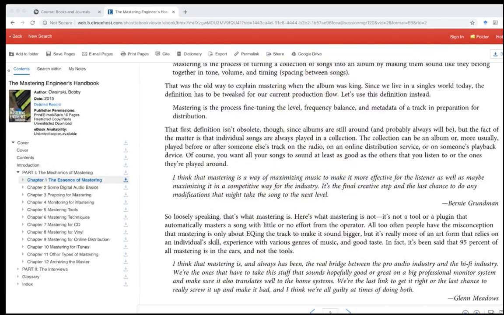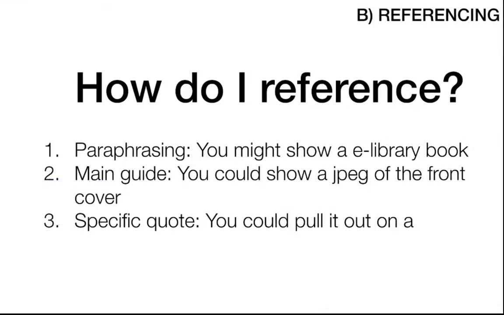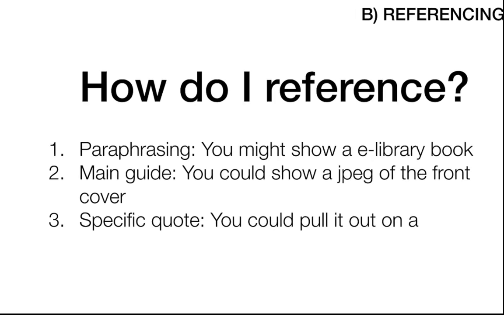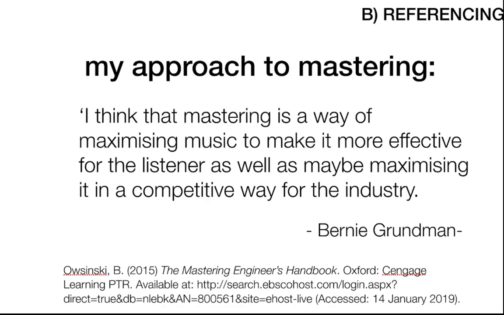Another option that we might want to do is to have a direct quote. Okay, so in that case, if I'm going to have a direct quote, I can just pull it out. I can write it out just in the same way that you would in written work, but making it slightly more visual. So again, I might be talking about my approach to mastering, and I saw this quote that I thought was really excellent.